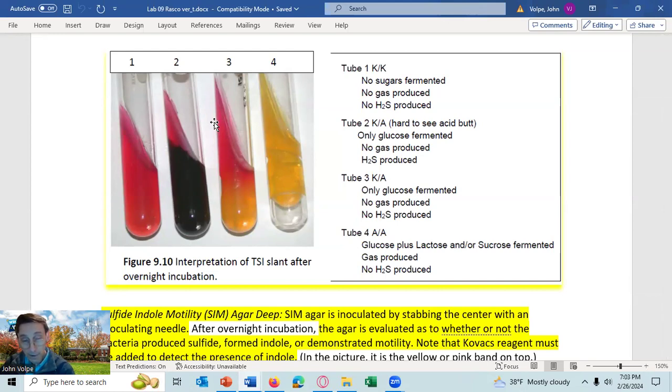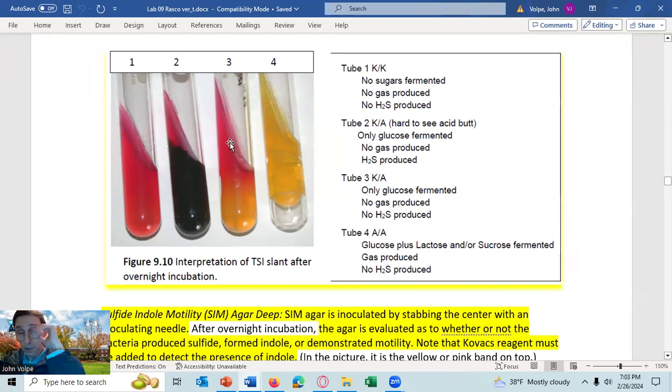When proteins are metabolized, you pull off the ammonia, and that'll be excreted by the cell, usually as urea or uric acid, or maybe just ammonia. And that will be basic, and that'll change the color from yellow to red.